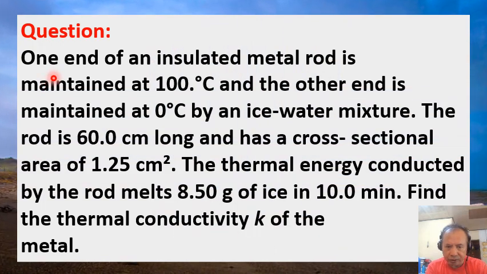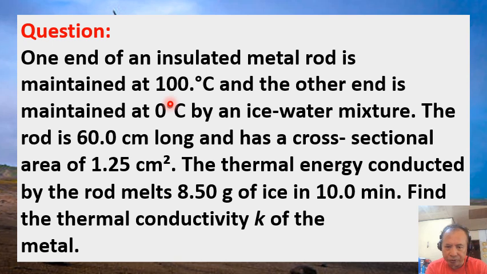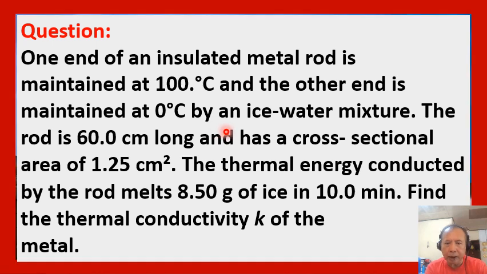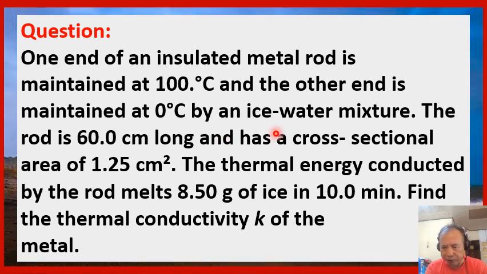The question is: one end of an insulated metal rod is maintained at 100 degrees Celsius, and the other end is maintained at 0 degrees Celsius by an ice-water mixture.